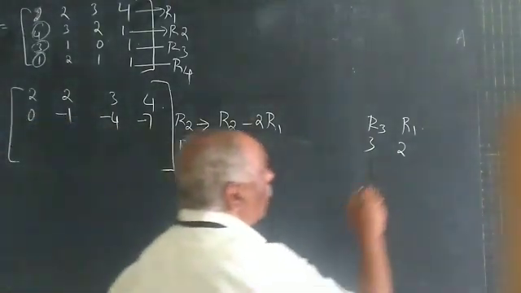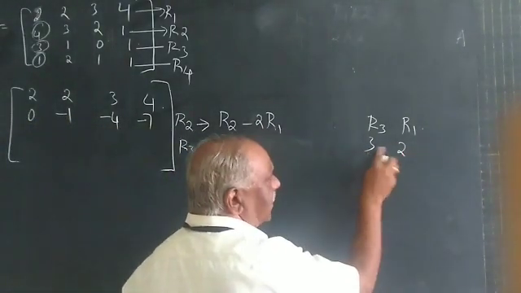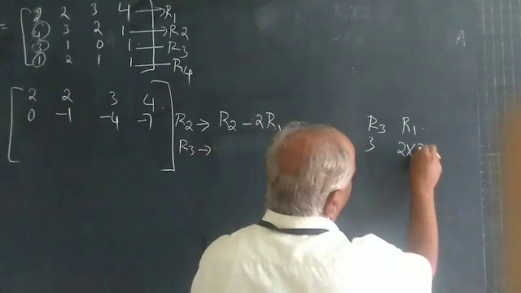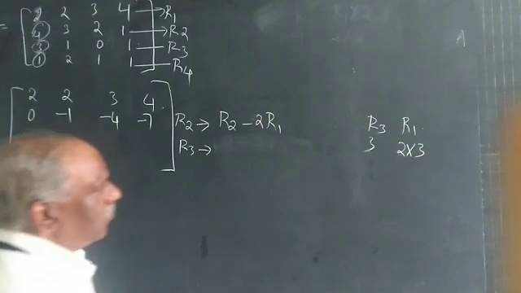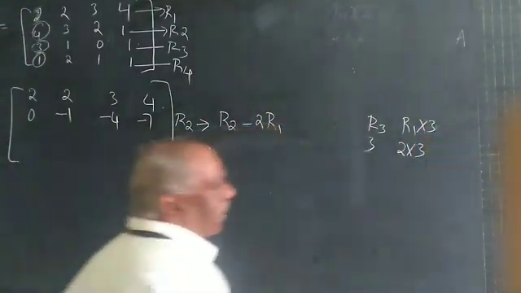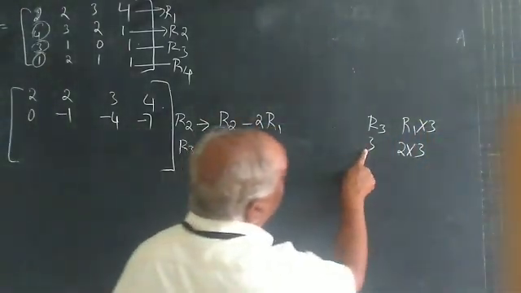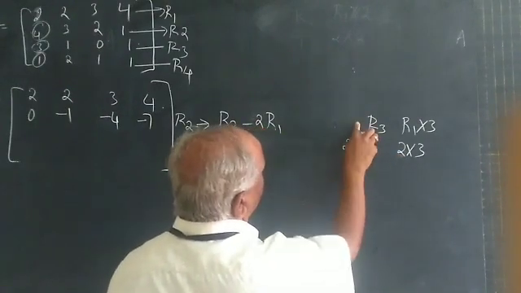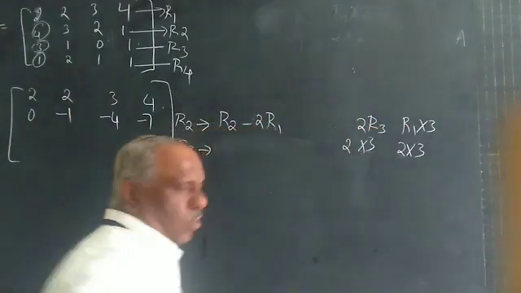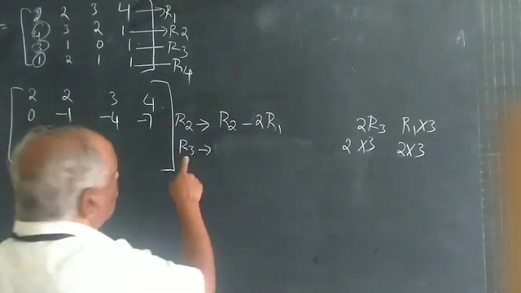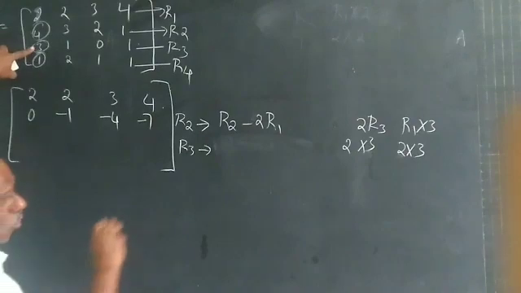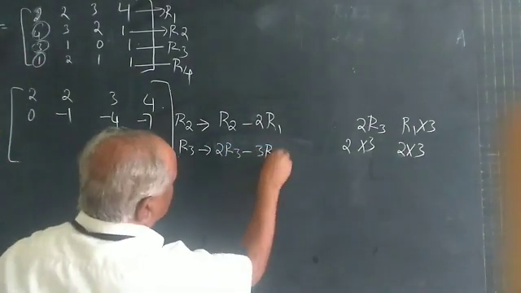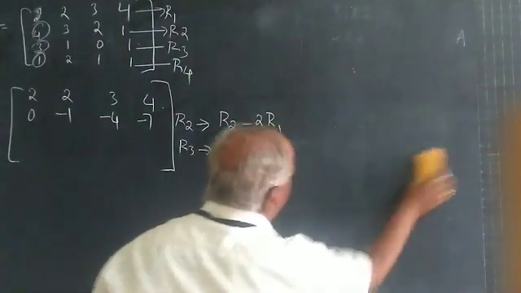Make it equal. 3 is not a multiple of 2, so 2 is multiplied by 3. R1 should be multiplied by 3, and this 3 should be multiplied by 2. So the row operation is R3 goes to 2R3 minus 3R1.